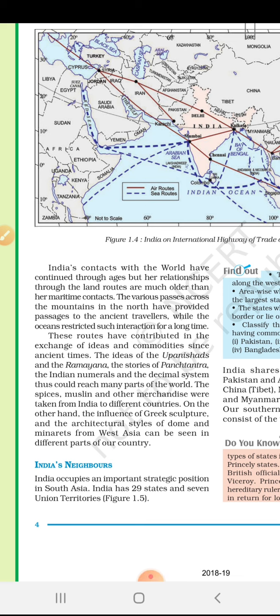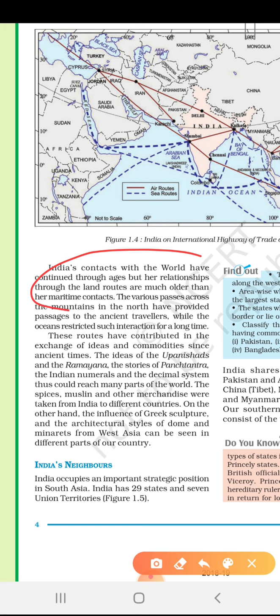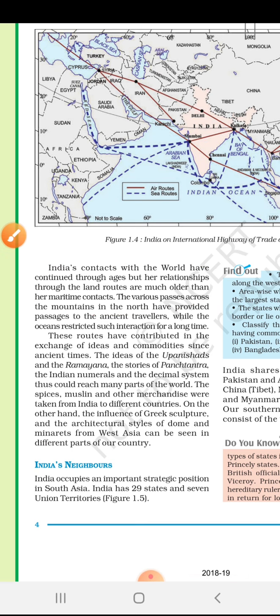India's contact with the world has continued through the ages, but our relationships through the land routes are much older than maritime contacts. The various passages across the mountains in the north provided passages to the ancient travelers, while the ocean restricted such interaction for a long time.